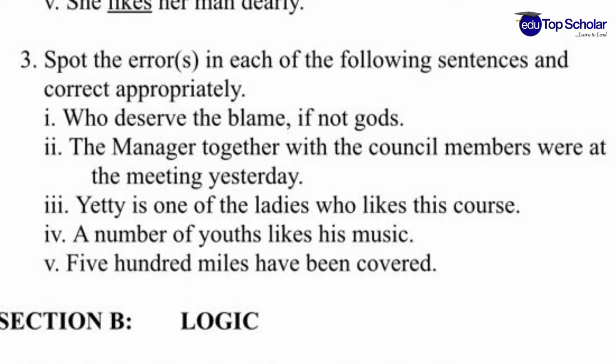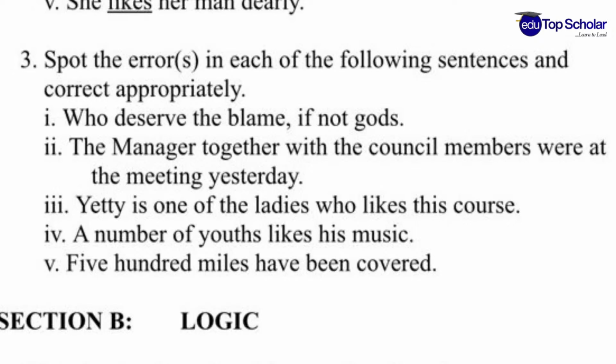So measurements are always treated as singular subjects whenever we use them. 500 miles has been covered. Just like when you have 5 days is not enough to do the job. Not because we have days, then you think it is a plural subject. No, it is a singular subject.